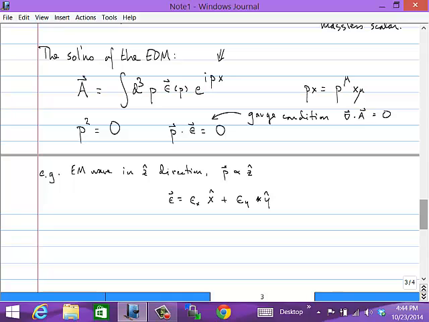Okay, so frequently we like to use these linearly polarized solutions of Maxwell's equations, but sometimes it's useful also to use circular polarization.